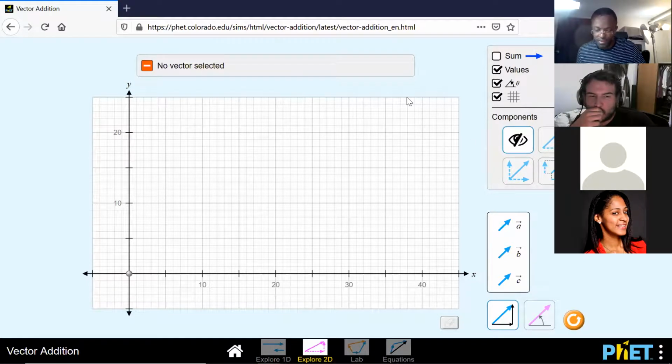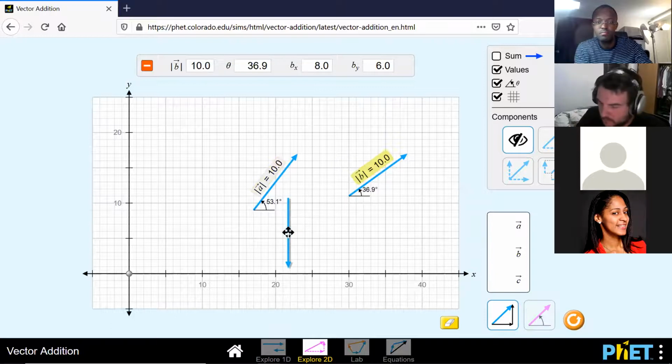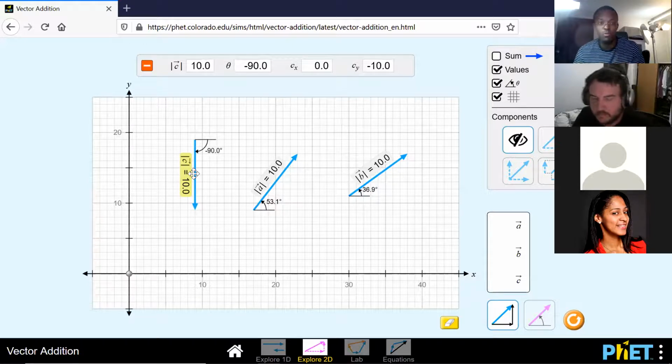Now click and drag vectors A, B, and C onto the grid. So A is here, B, C. These are the vectors A, B, and C. Click on vector B to extend and rotate it until it is pointing into quadrant 4.